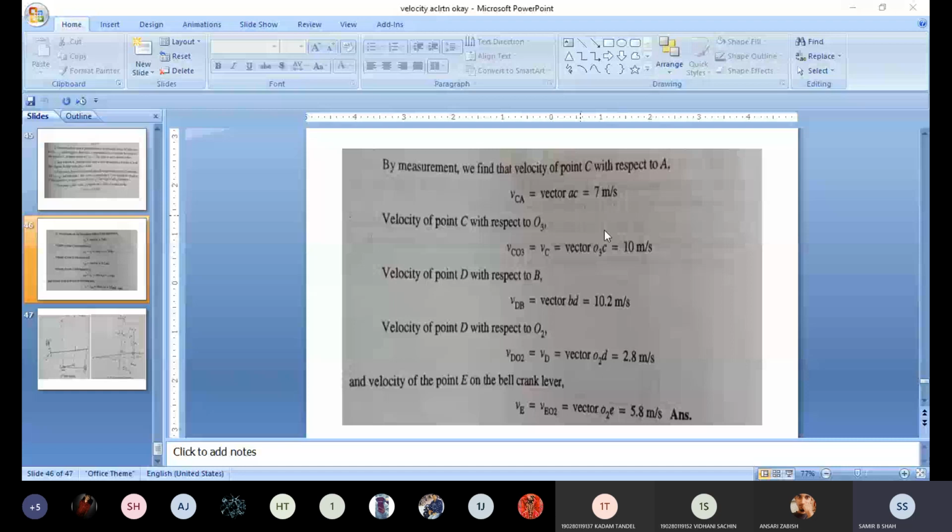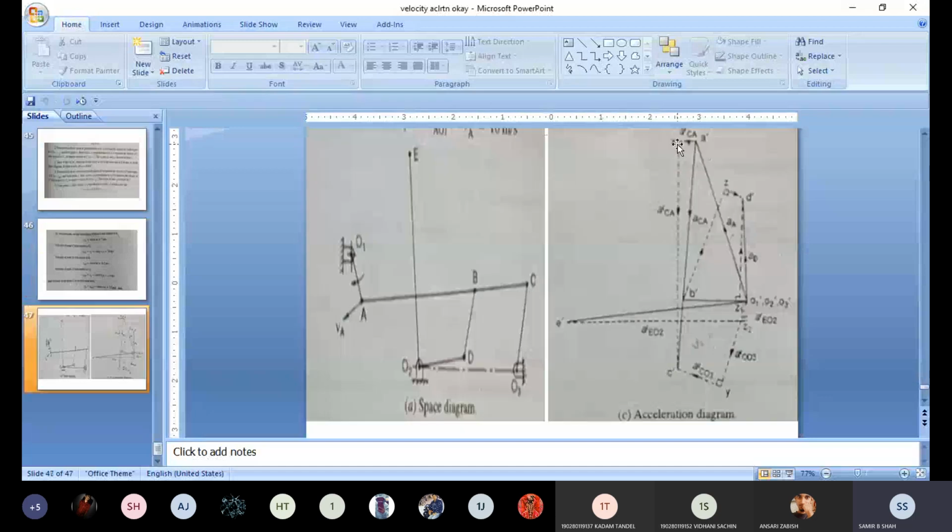The scale is 100 meter per second square equal to 1 centimeter. So A dash x, which is parallel to AC, for 70 meter per second square is 7 mm. Okay, so consider A dash x as 7 mm.